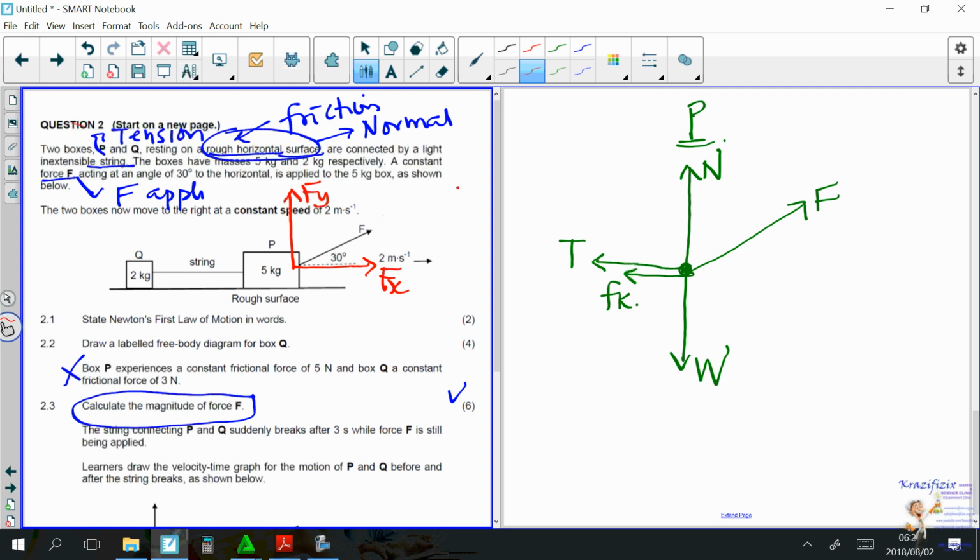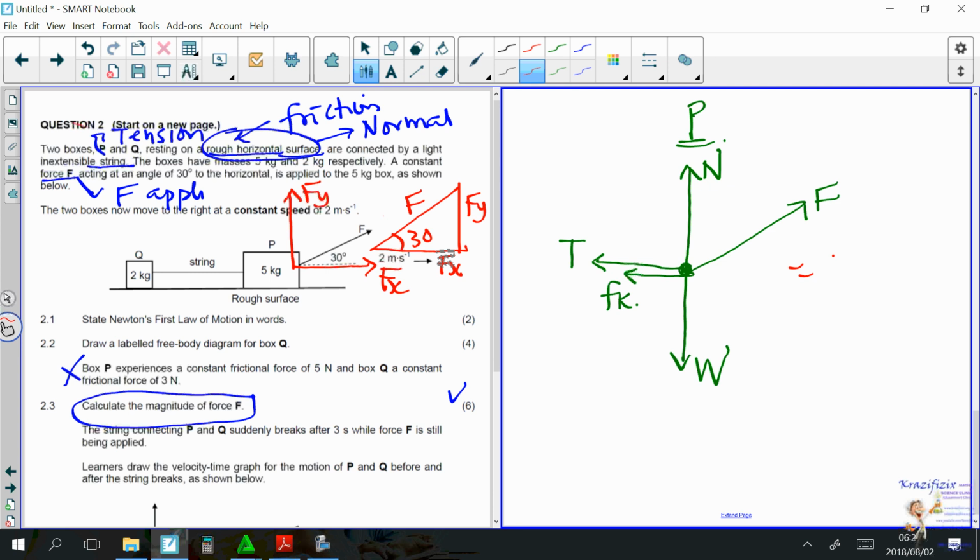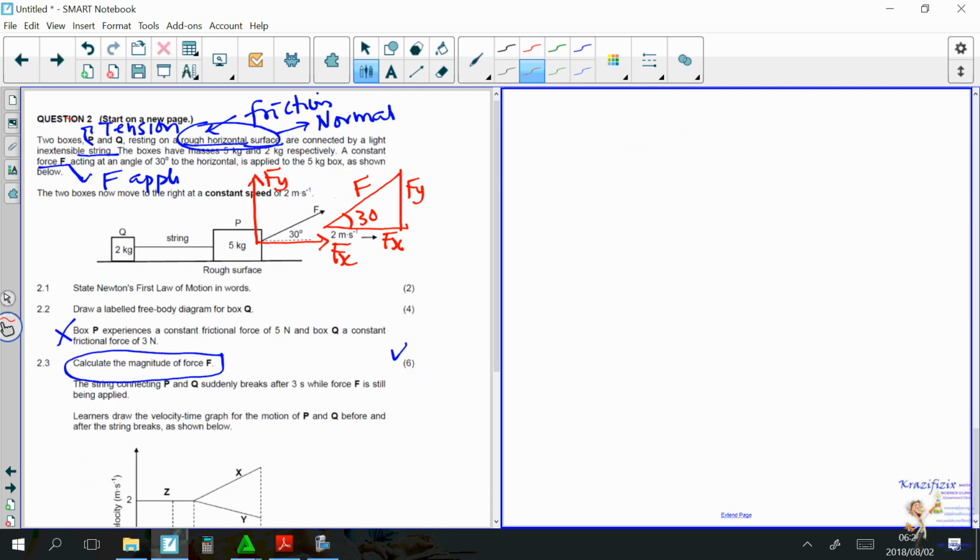Let me export that triangle here. I'm going to have F, Fx, and this is what? Fy. F, and Fx. Angle 30. Now I can use my trig ratio. So here is my free body diagram, which is okay. But to calculate, I'm going to draw another diagram.